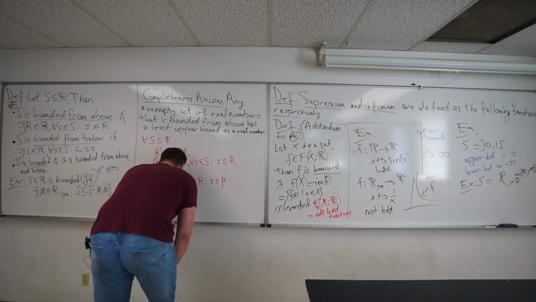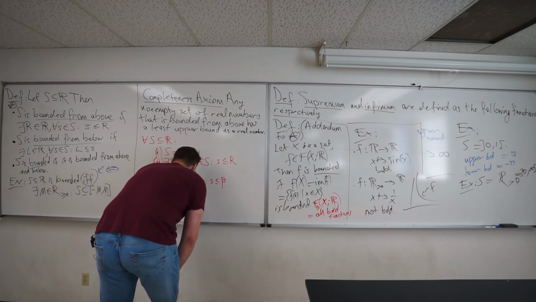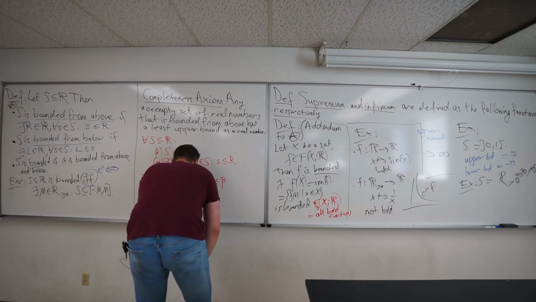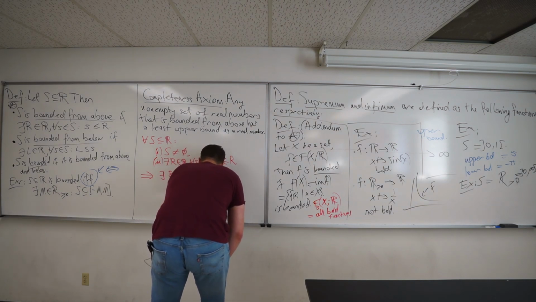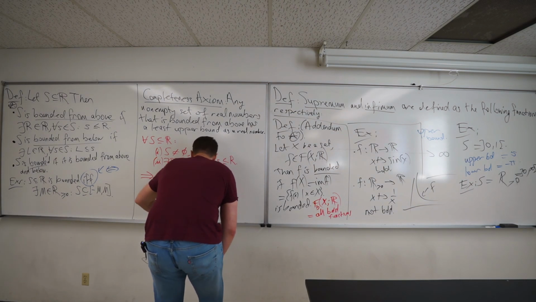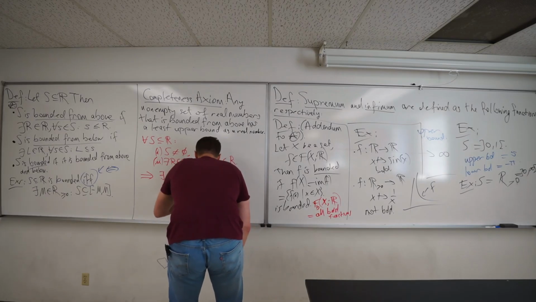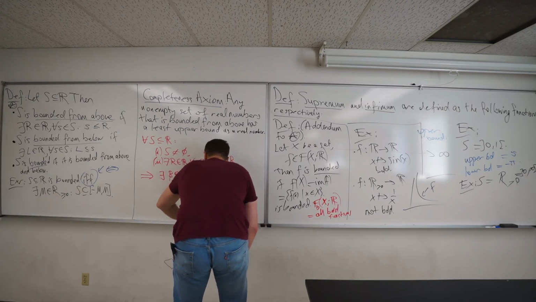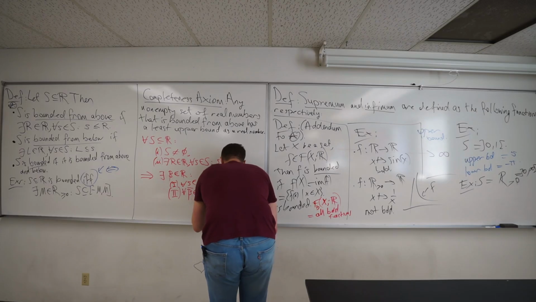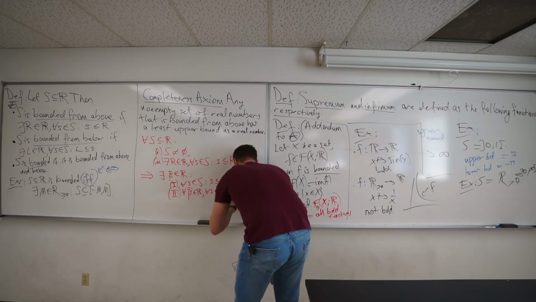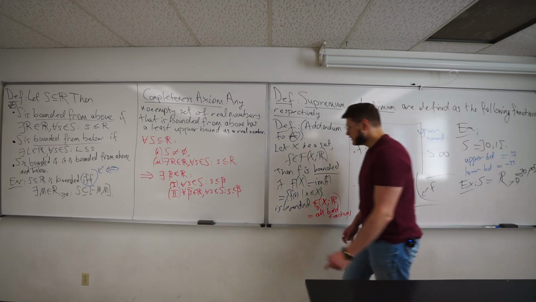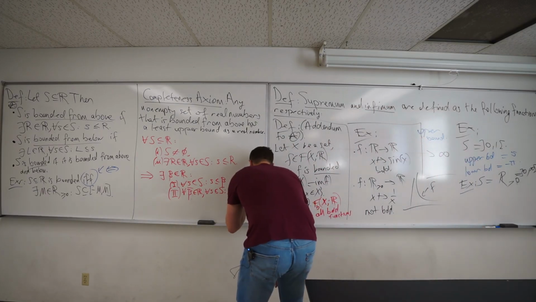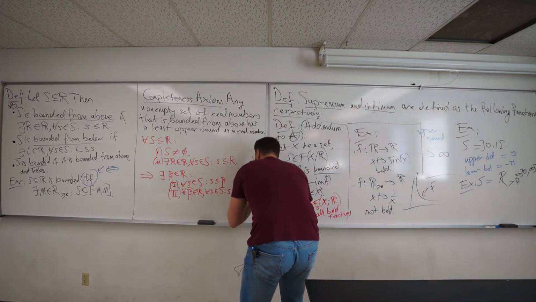For any beta bar in R, and for any S in S, oh, this should be S, of course. If S is less than or equal to beta bar, then in fact beta is less than or equal to beta bar.